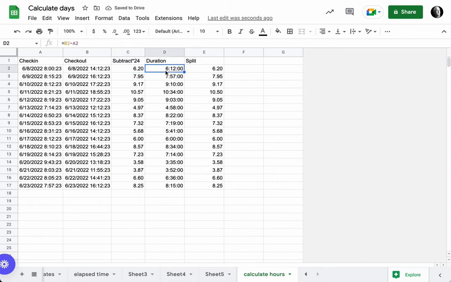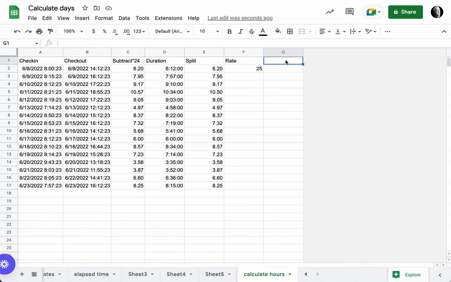If we use the duration function, which is great, it helps us see that, but it doesn't give us what we need in terms of coming up with, let's say we have a rate of, say, $25 an hour, and we want to know how much money a person would have made.